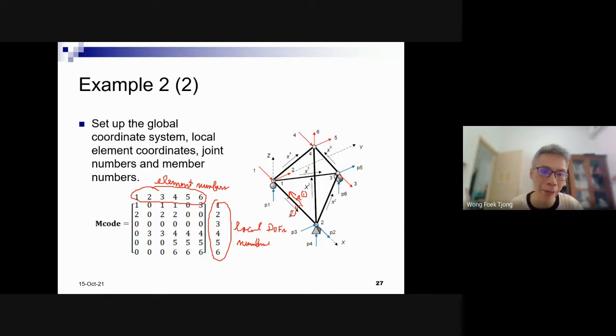I will not discuss it again because I have discussed it before the mid-semester term. Basically, for calculating the stiffness matrix for each element in 3D space, you have to calculate the direction cosines, Cx, Cy, Cz.